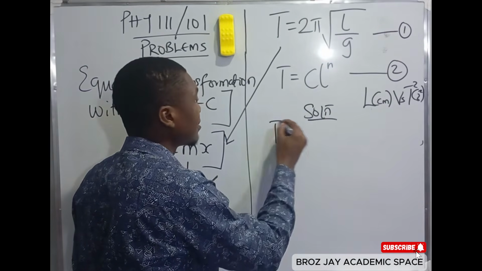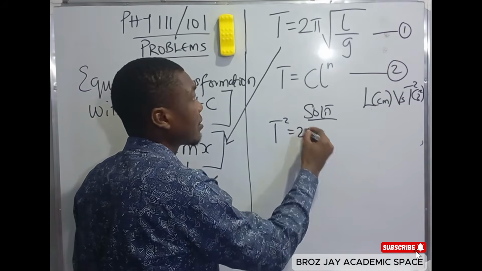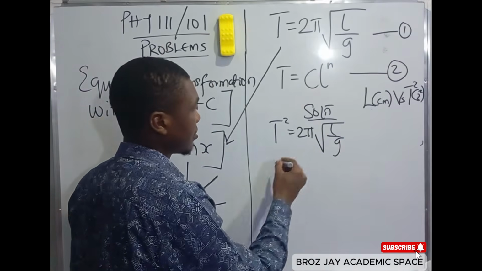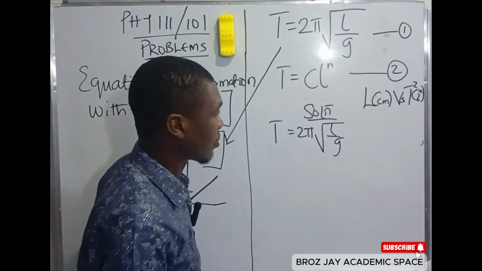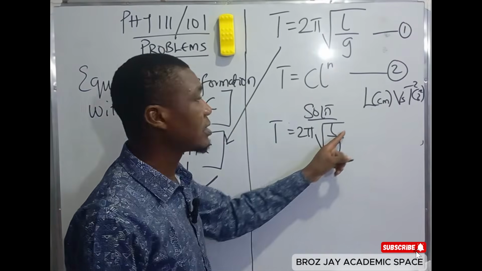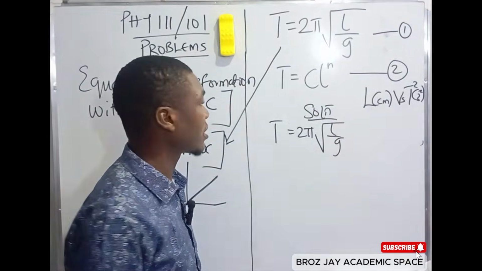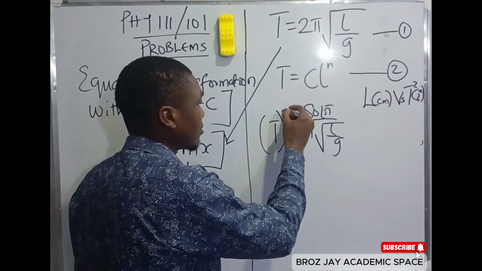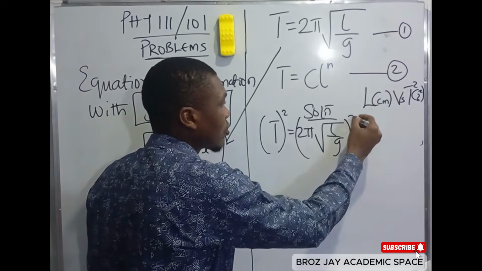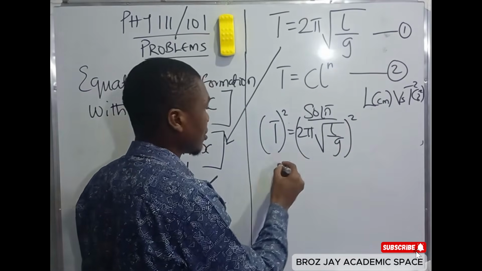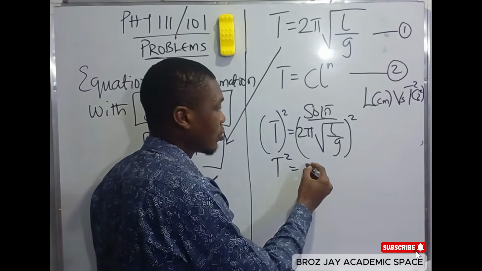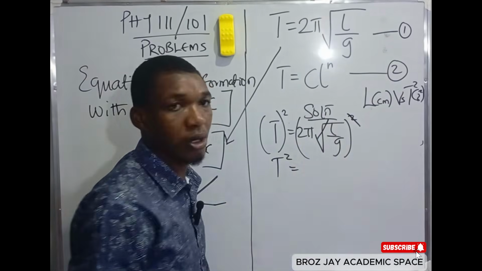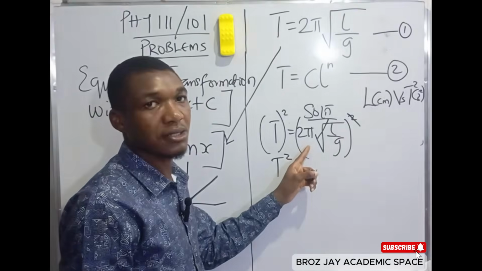We have T is equal to 2 pi square root of L all over g. No, it's T, not T squared. The first thing you do to make L the subject of the formula is you square both sides. If we square both sides, we'll have T squared is equal to, this 2 here will cancel the square root, but it will affect the one outside the square root.